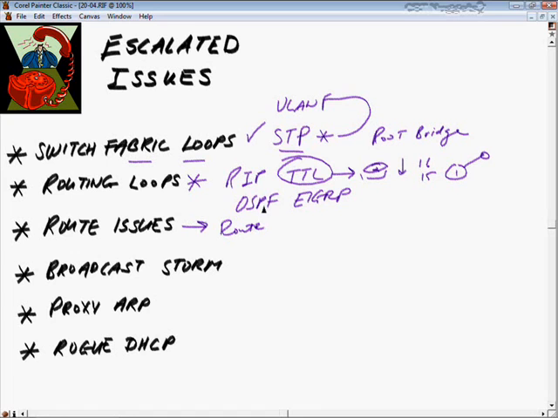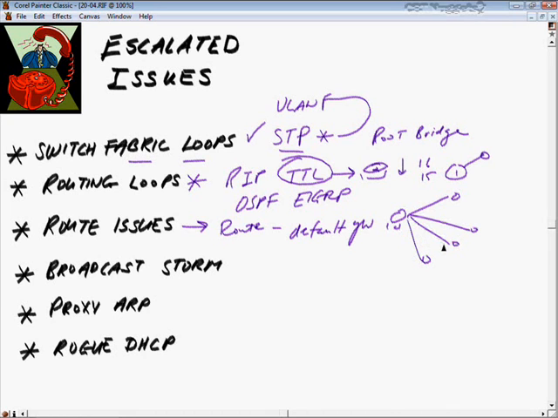Most routing issues are going to be dealing with things like an improper or misconfigured default gateway configuration, or you've misconfigured your dynamic routing protocol, RIP version 2, OSPF, EIGRP. You may also have routing issues at the perimeter of your network as you connect over your provider to your branch office. Again, these are advanced networking topics, but this could be an issue that has to be escalated to your network team.